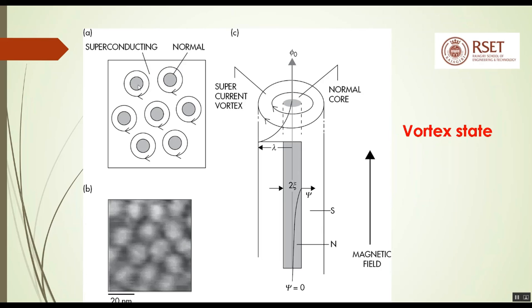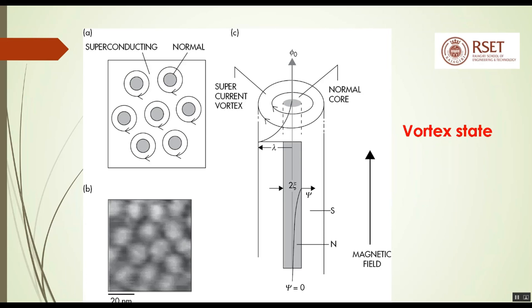That means these colored regions act as normal conductors, and a supercurrent flows surrounding that normal region. The arrow represents the direction of current flow. This mixture of normal and superconducting state is known as the mixed state. So between lower critical field value Hc1 and upper critical field value Hc2, the specimen is in a mixed state.